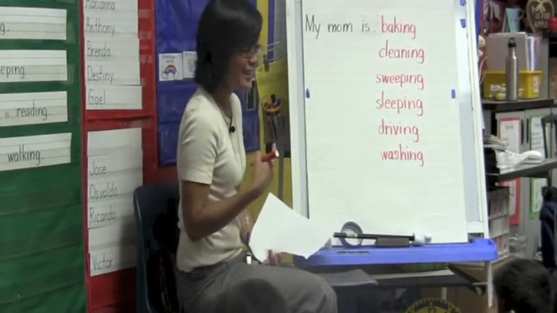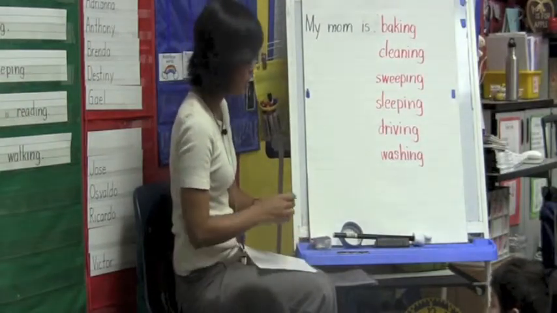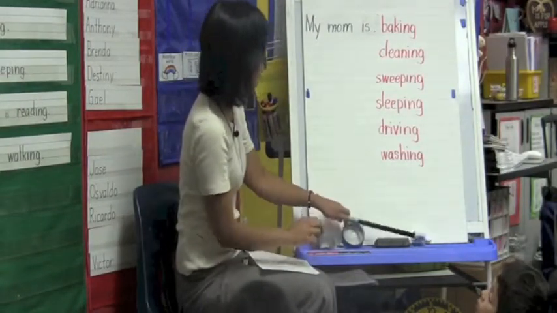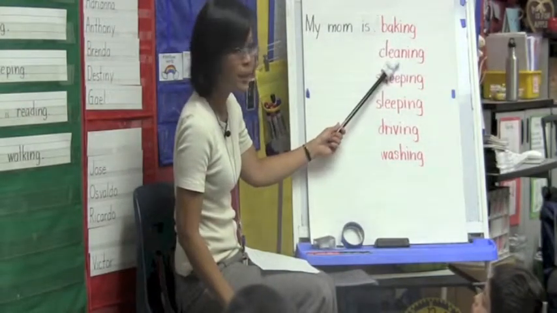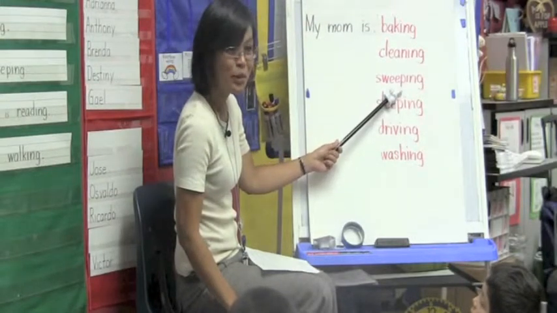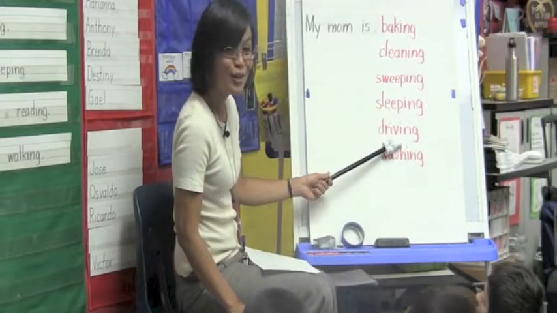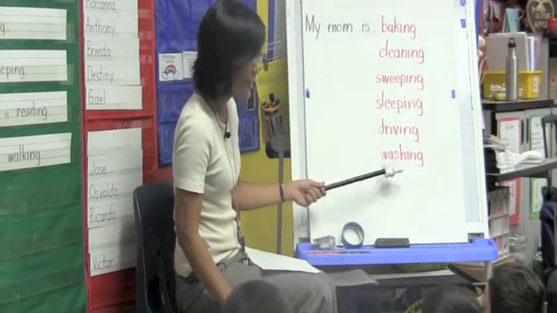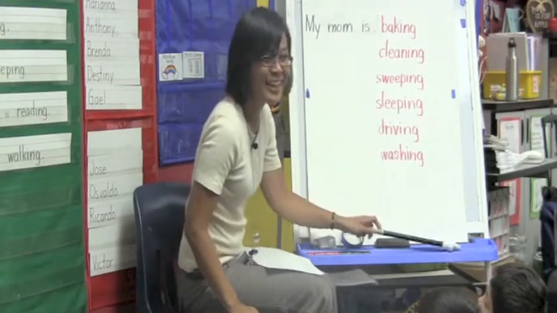I hear snoring. You hear snoring. Okay, so look at all the things you've seen your mom doing. How many of you have seen your mom baking? Yeah, how many have seen your mom cleaning? Who has seen their mom sweeping, sleeping, driving, washing the dishes? What about snoring? Snore. You could write that.